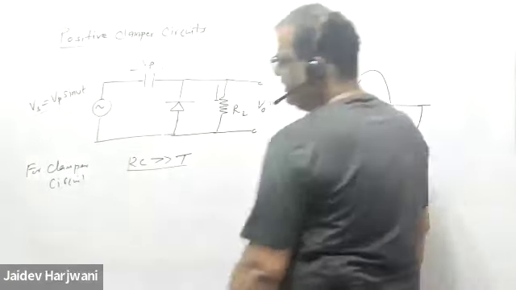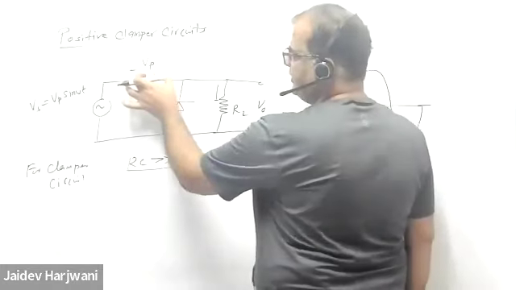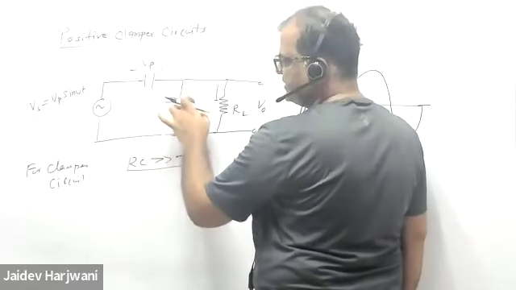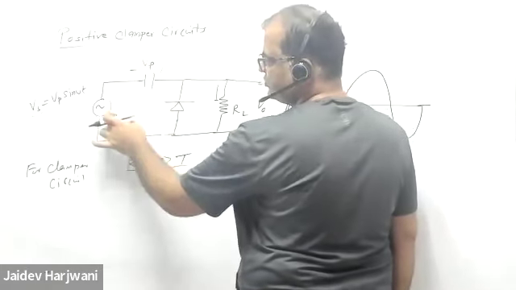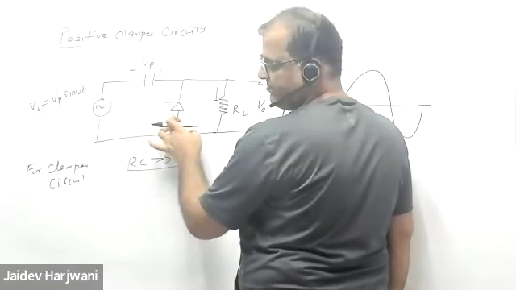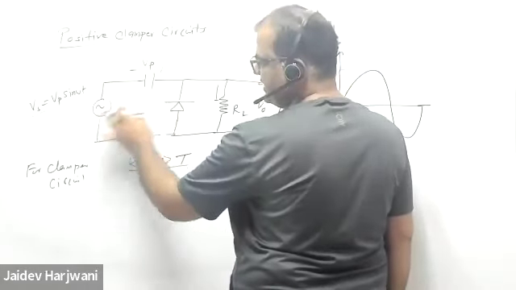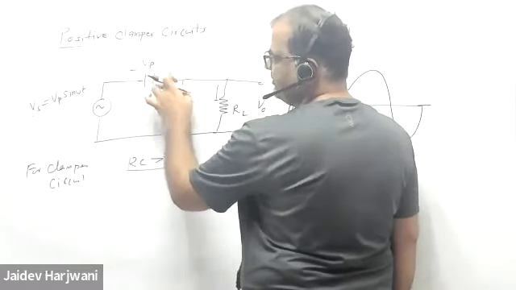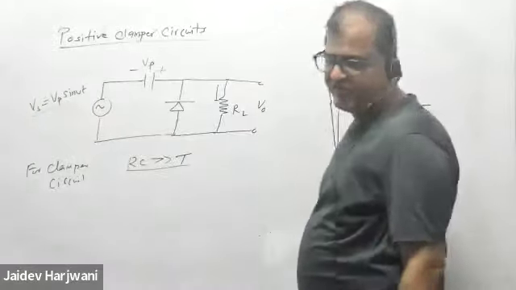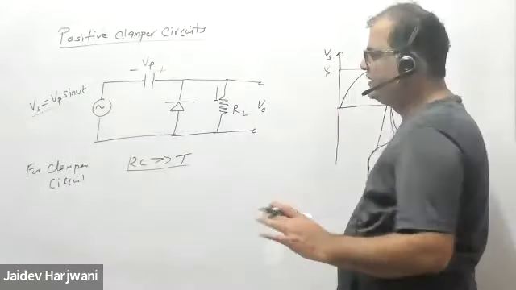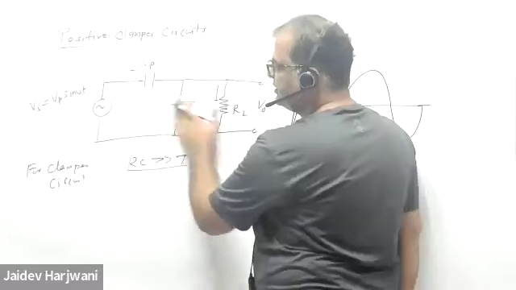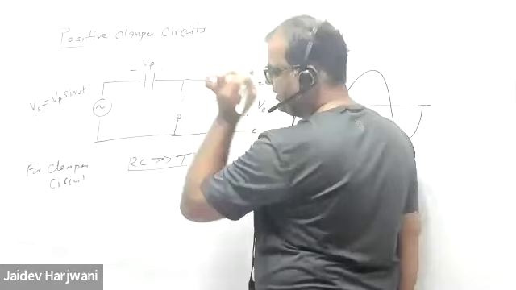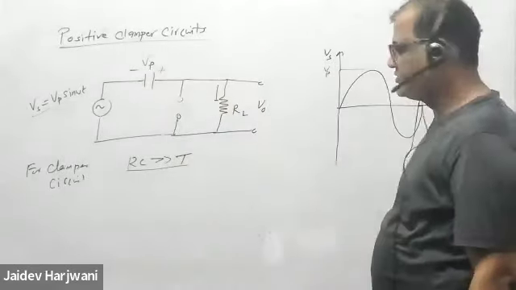Now when it is charged, this Vp will work like a battery, and this Vp is making this reverse bias, and this source is making it forward bias. For positive cycle, this is always reverse bias. In negative cycle, it is making it forward bias, and this making reverse bias, because Vp is always greater than Vs. So in the final steady state, this diode is always open. After it is charged fully, this diode will also become open. Now this is my final condition of the circuit.